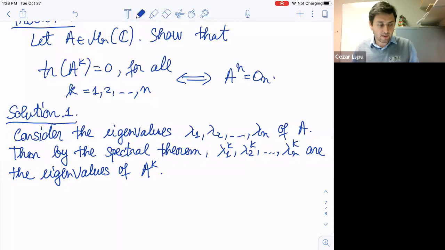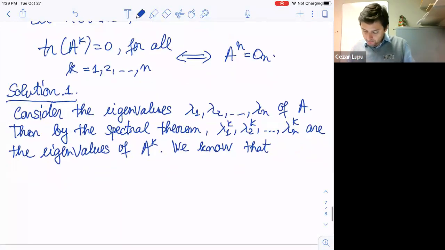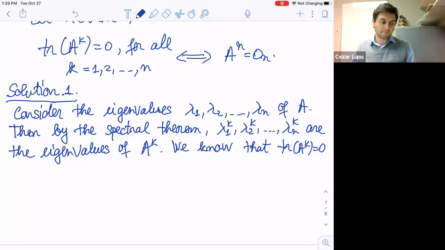Okay, so this means that we have the following. We know that the trace of A to the power k is 0.